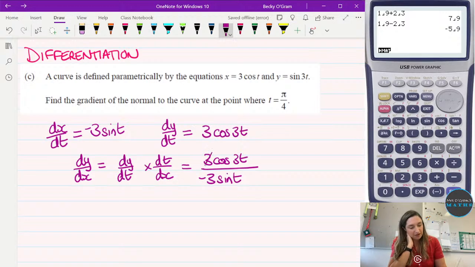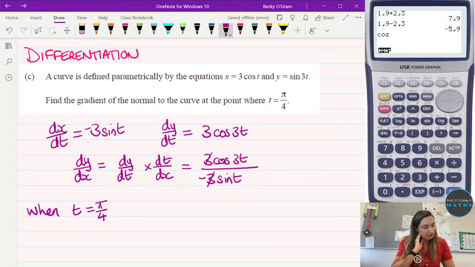Okay, the 3's obviously cancel, so we're just left with this. Now when t is equal to pi by 4, we can pop that in. We'll do cos of 3 pi by 4 divided by negative sine of pi by 4.